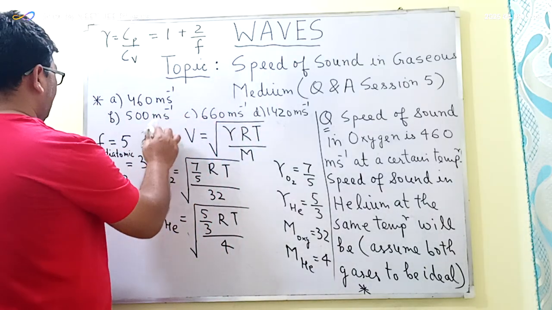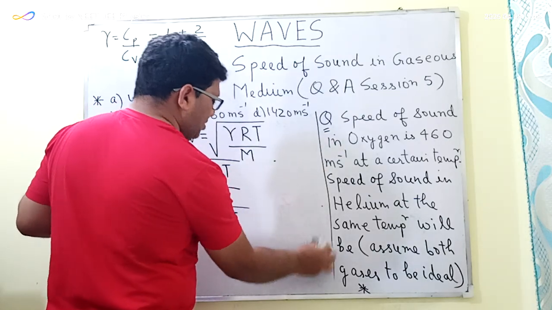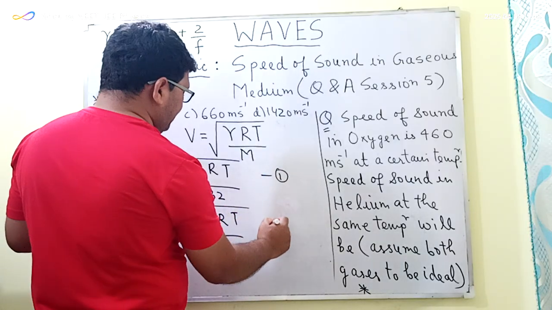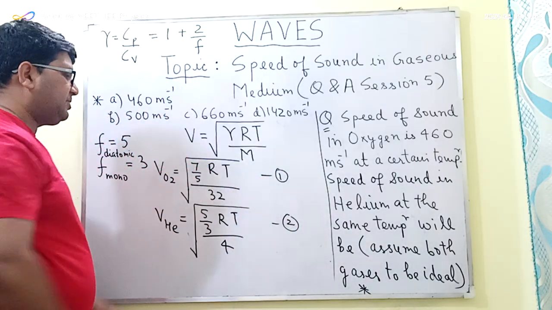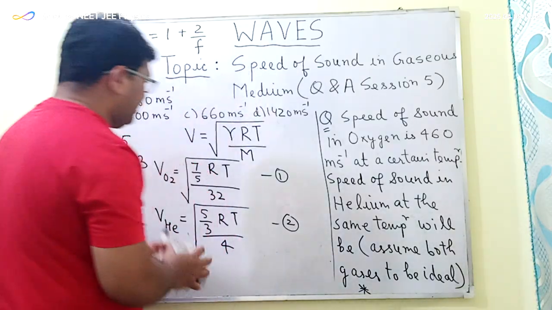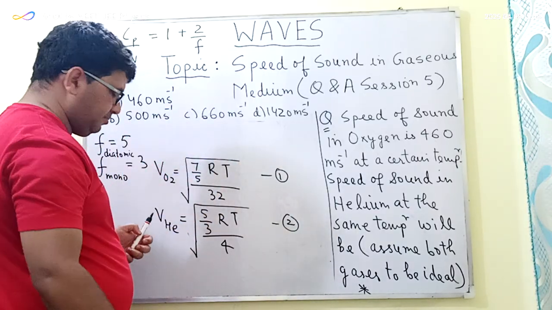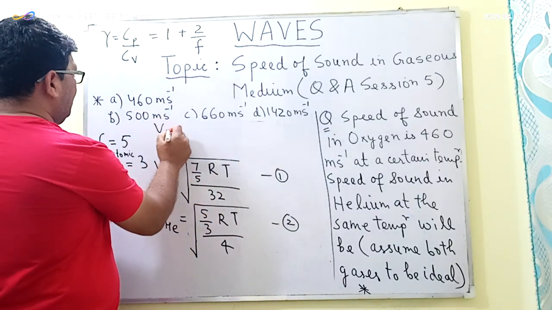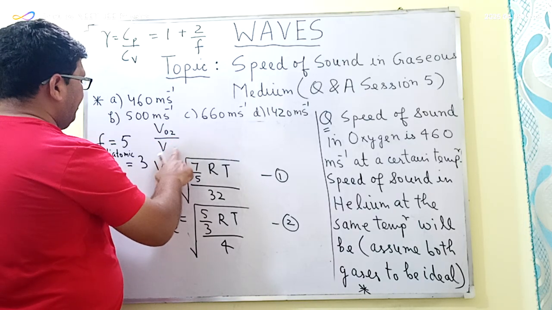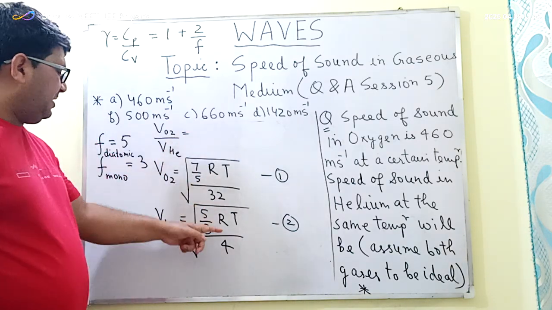So I've got here equation number 1 and equation number 2. If I divide equation number 1 by equation number 2, I will get another equation: velocity of oxygen divided by the velocity of helium. RT and RT will get cancelled out.